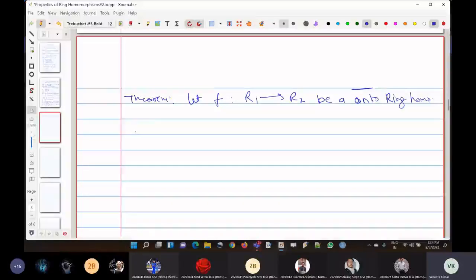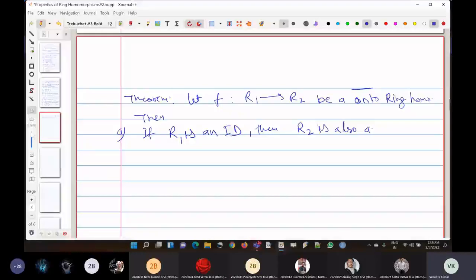Onto ring homomorphism. Okay, then if R, that is R1, is an integral domain, then R2 is also an integral domain. आप इस चीज को ऐसे भी कर सकते हैं कि अगर यहाँ पे कोई इंटीग्रल डोमेन है तो इंटीग्रल डोमेन मैप्ड onto इंटीग्रल डोमेन, दैट्स ऑल.